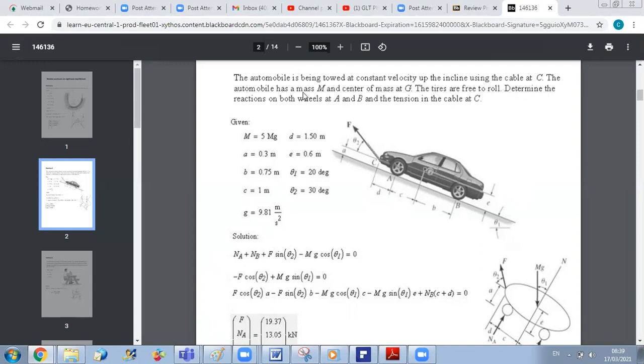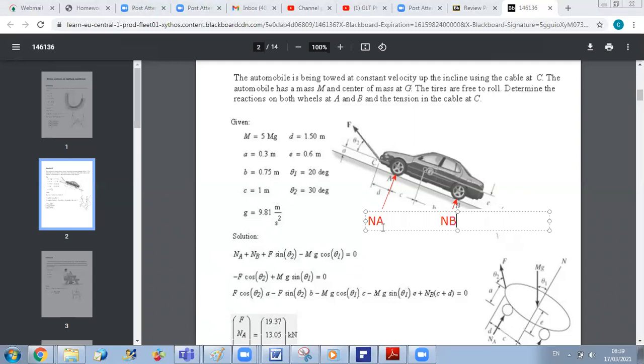Okay. So here, what are the forces acting on my car? I have the normal reaction of the ground at A and at B. Since they said the wheels are free to roll, I don't have friction. So first I have NA and NB. Of course, I have the weight of the car.